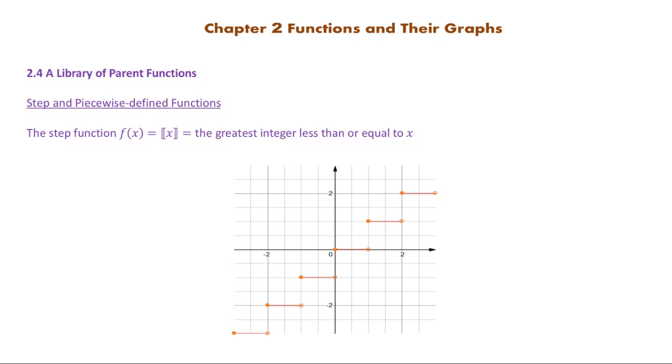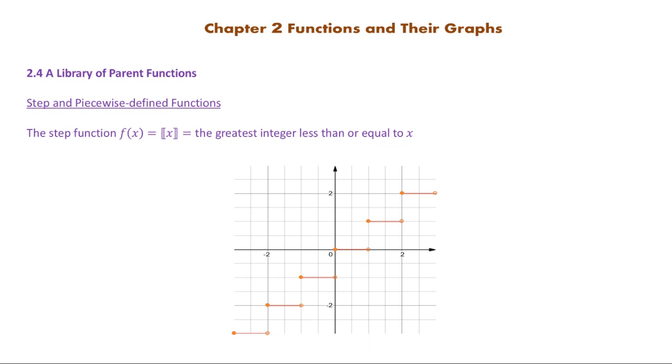Now the next topic is the step function, or a special type of function. I don't know if we discussed this example before or not. We have piecewise defined functions. I think we discussed the piecewise defined functions last time or even before. And the step function is a special case of piecewise defined functions.